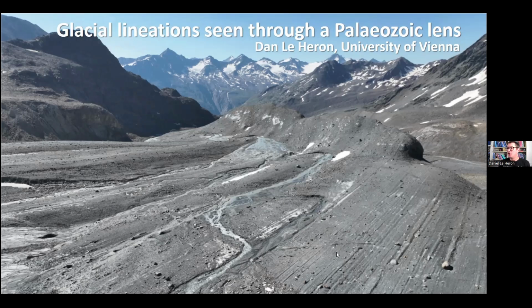You can also see that the whole area is covered by sediment, which is good for a sedimentology lunch. And on the surface, there are some boulders that are dotted around. And in front of those boulders, there are these elongate features called glacial lineations. So we're going to look at these in some detail and think about how they form and so on.